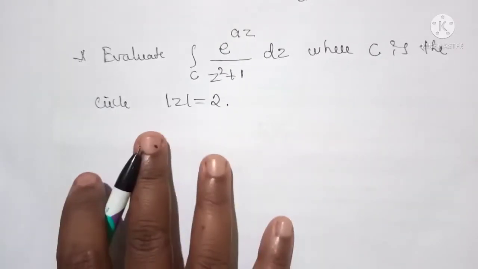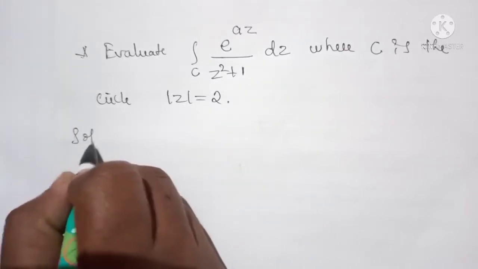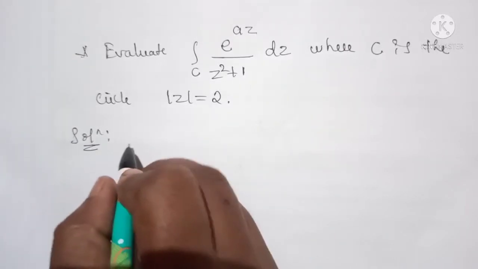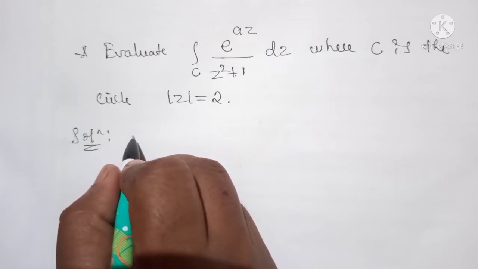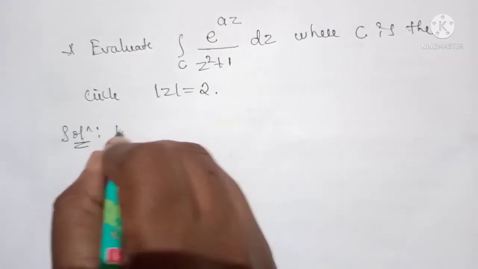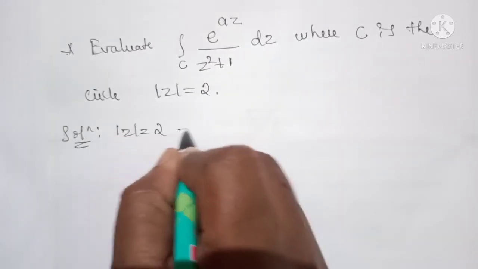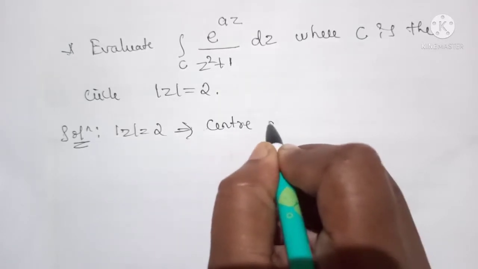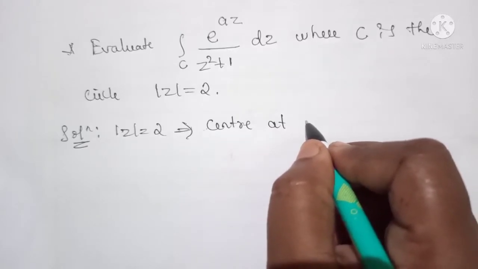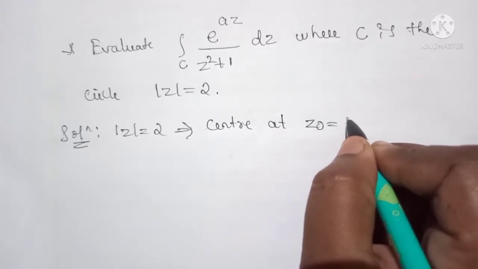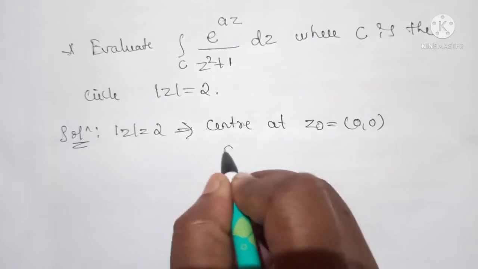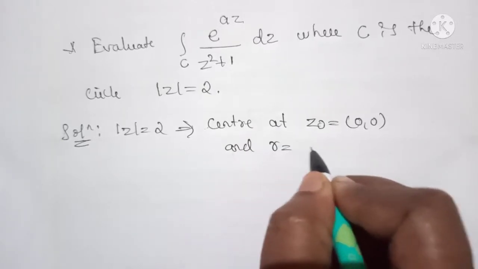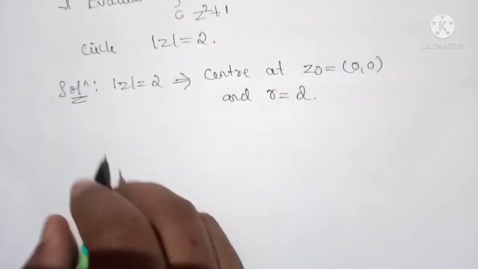So here the given equation of the circle is mod z equals 2. It implies that the center is at z0, that is at the origin, and radius r equals 2.